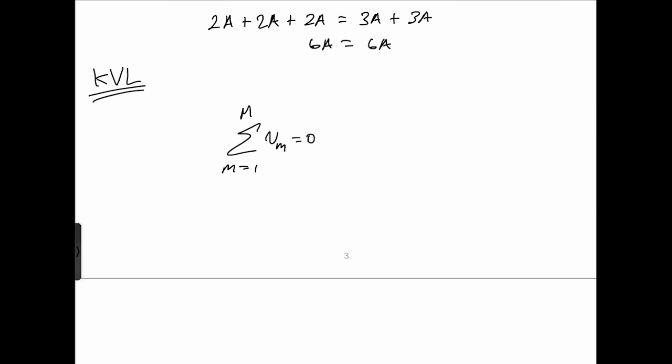Where capital M is the number of voltages in the loop or the number of branches in the loop, and V of M is the mth voltage. So KVL can be applied by taking either a clockwise or a counterclockwise trip around the loop being analyzed, and either way the algebraic sum of the voltages around the loop is 0.